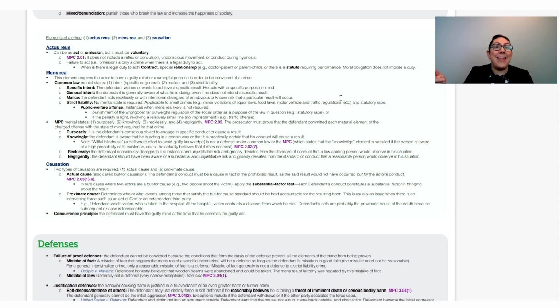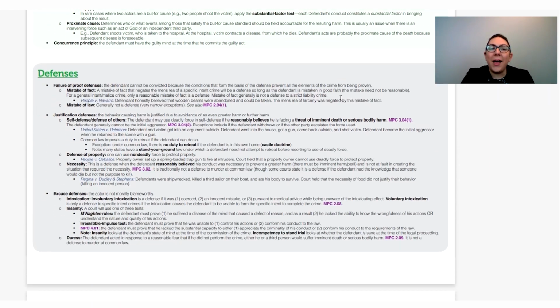Even if they get inside and they're like, wow, that's a nice TV, I'm going to steal it. They weren't thinking that at the time that they broke into the house, so no concurrence. So most of the time, as you can probably imagine, the guilty act and the guilty mind are clearly linked. But once in a while, you have these crimes where there could be a situation where you have a guilty act at a different time from the required guilty mind.